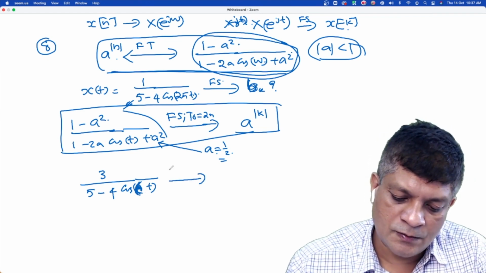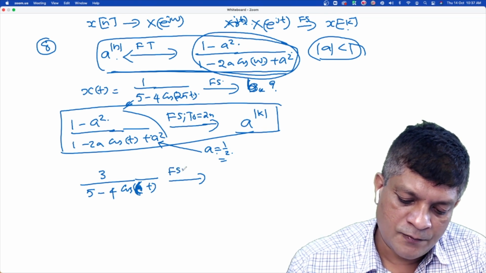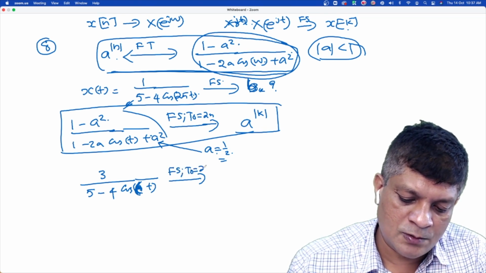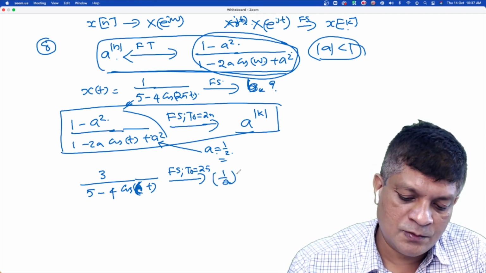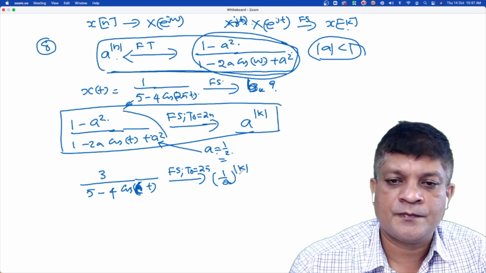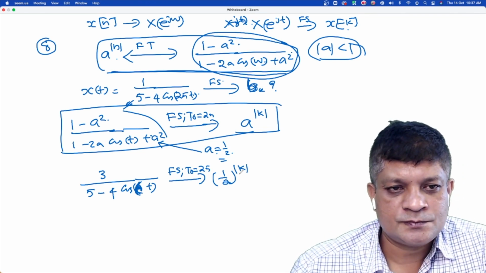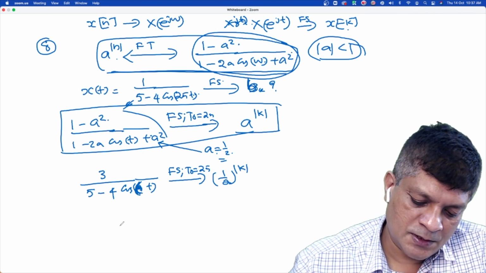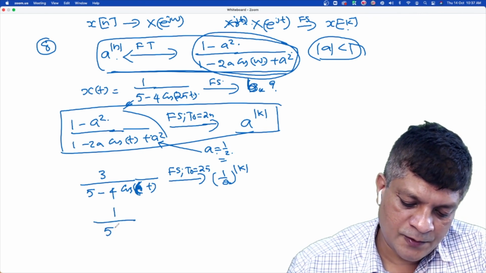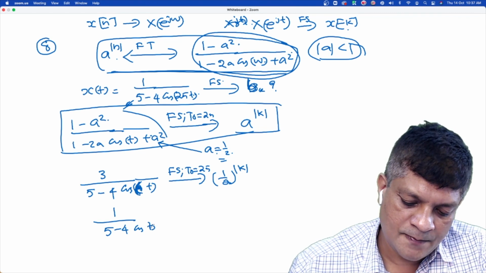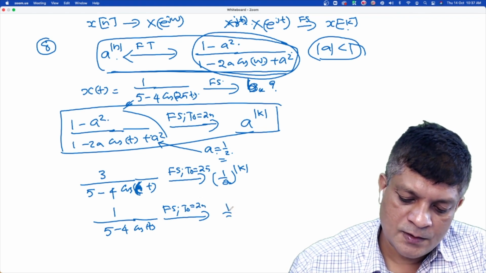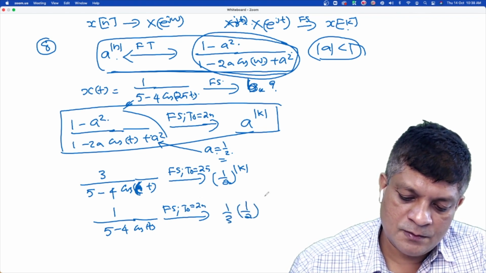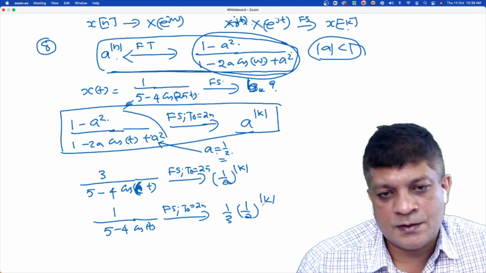And using the duality property, we know that the Fourier series with respect to period 2 pi has coefficients 1 by 2 to the power mod k. If we cross multiply this, you will get 1 upon 5 minus 4 cos t, Fourier series with period 2 pi. Sorry, it is 1 by 3 into 1 by 2 to the power mod k, isn't it?